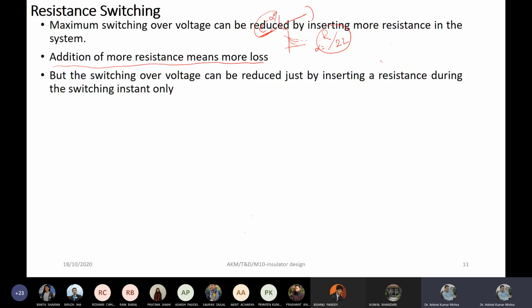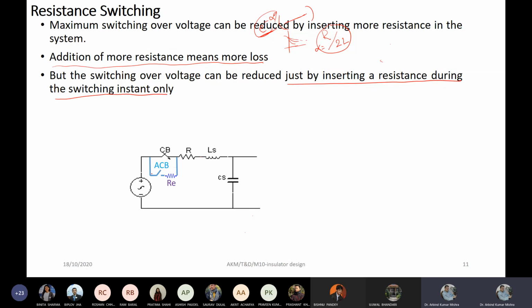So what is required is just inserting the resistance during the switching instant, and later on we can disconnect it from the system once the switching has been cleared. So how is the arrangement? This was the previous case, across this circuit breaker, which is called the main circuit breaker. Across that circuit breaker, we install another circuit breaker with a high resistance.